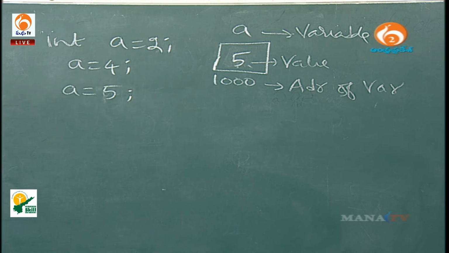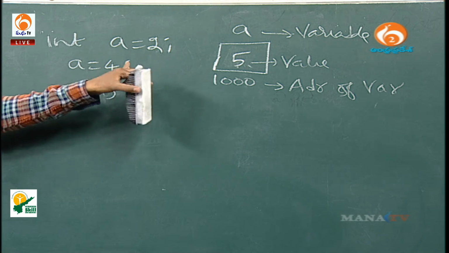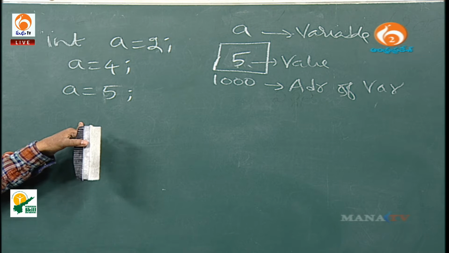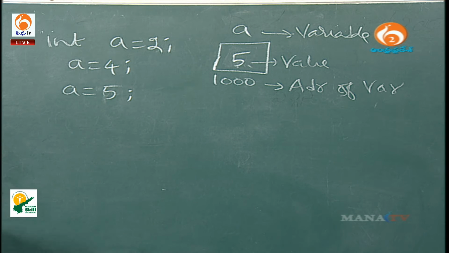We lost 2 and 4, but I want to persist them, I want to store them. I need 2 and 4 as well as the new number. I need the old numbers as well as the new numbers. If you get such a situation, go for arrays.